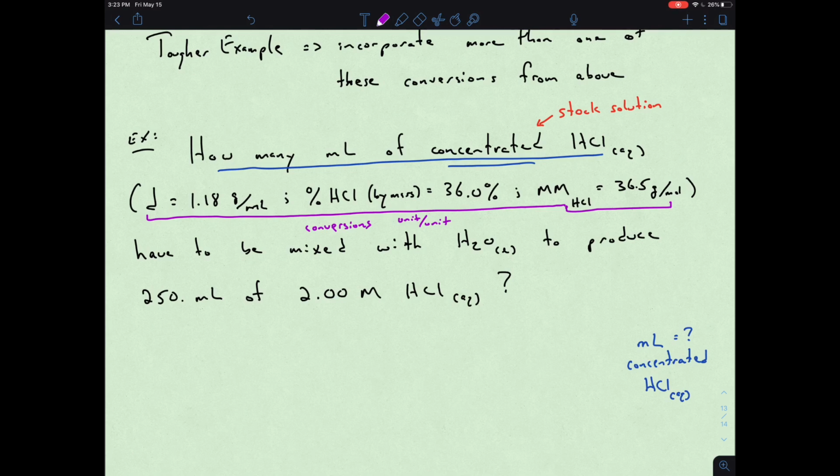And then if we keep going down, we're trying to figure out how much of that concentrated we need to mix with an actual solution. So we know what we actually want to make, which really is kind of the beginning piece. Meaning, here is our measurement.